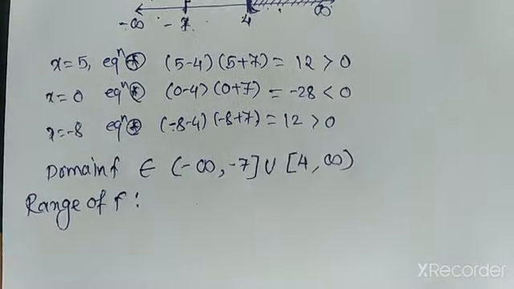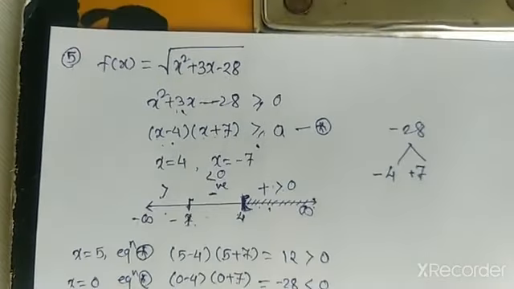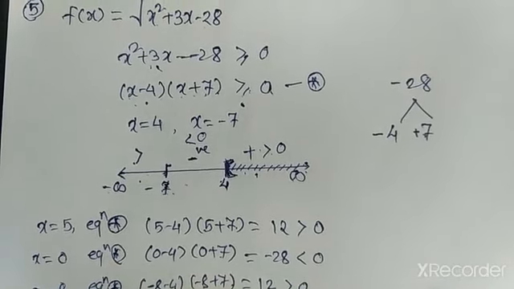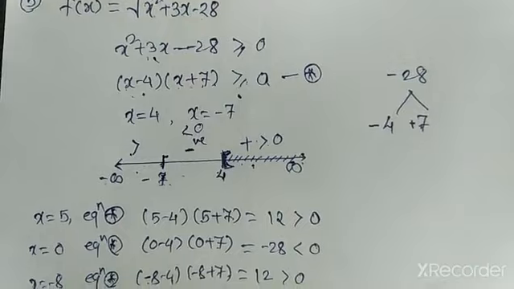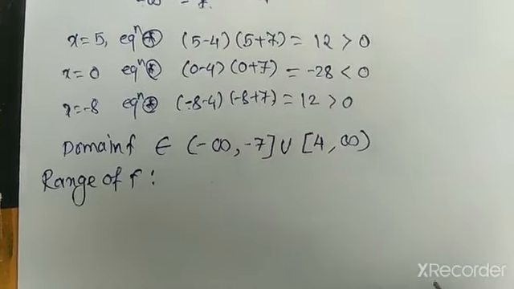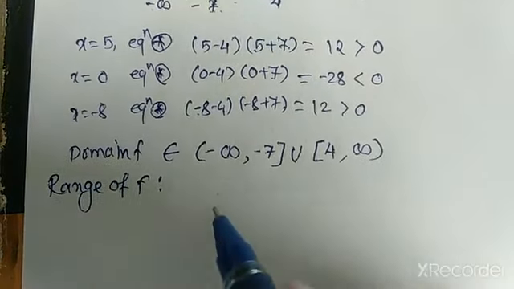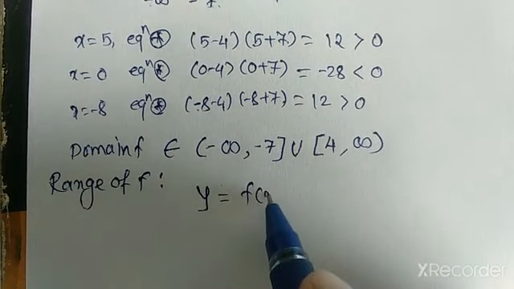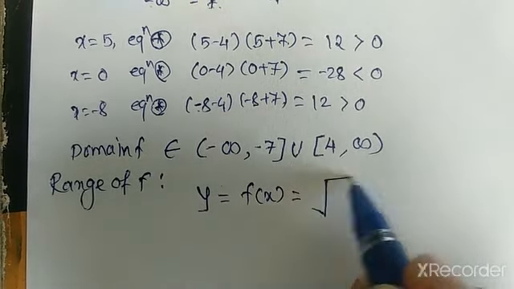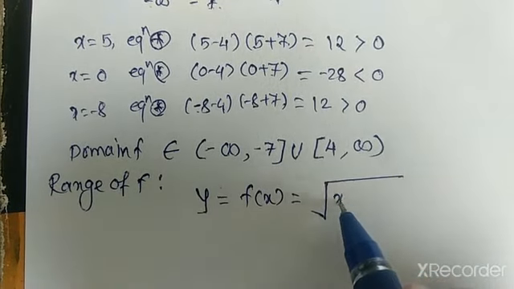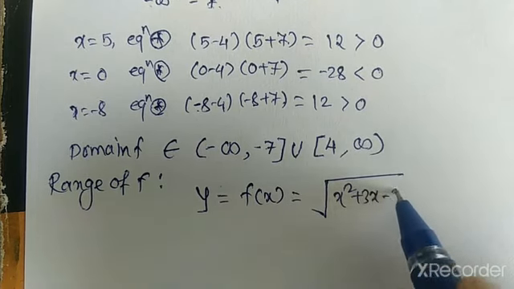Our given function is of the form square root of x square plus 3x minus 28. Now we have to find its range. So y equal to f of x, and f of x is of the form x square plus 3x minus 28.